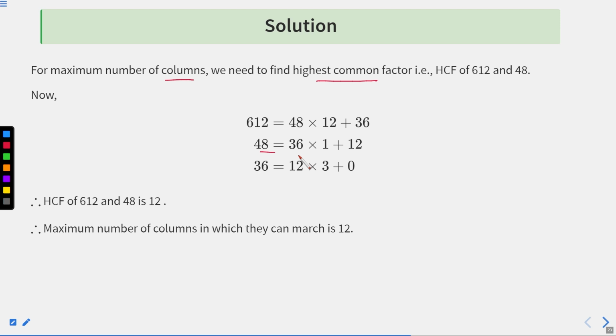We were able to find the HCF of 612 and 48, which is 12. So the maximum number of columns in which they can march is 12. So this is our answer.